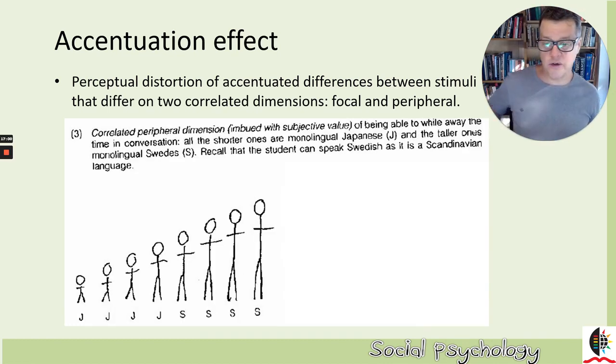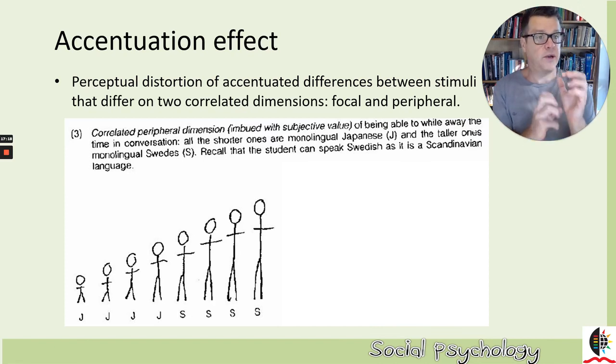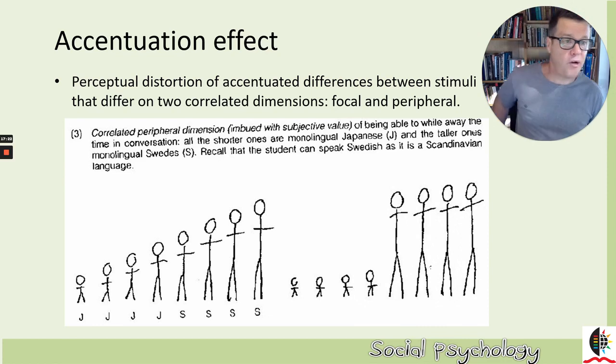In the third version of the experiment, there's a stereotype that Japanese are short. We've got Japanese tourists over here, and here we have Scandinavians. Of course, the Japanese were of different heights and the Scandinavians were of different heights, but there's now a very strong correlation between the focal dimension, that is height, and this peripheral dimension. And then they reproduced the picture like that: very tall Scandinavians and very short Japanese.